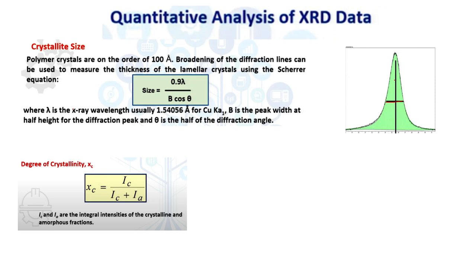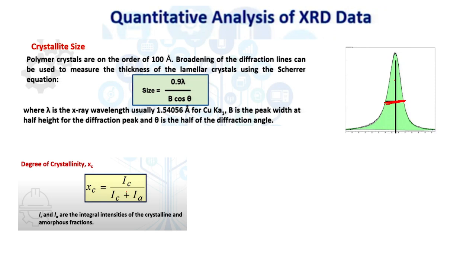If this is the peak we get from the XRD, then B is the peak width at half height. So this will be the B value, the full width at half maxima of a specific peak. From there we can measure the size of the crystallite.